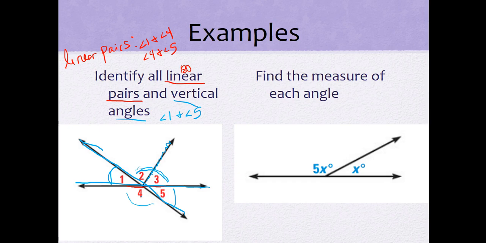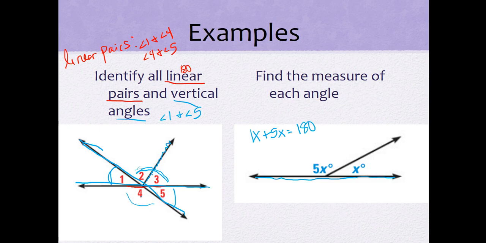The next part says find the measure of each angle. Think about how you would do that. Think about how they both sit on this line. How many degrees would they have to be total? That would be 180. So adding these two angles together, they should add up to 180.